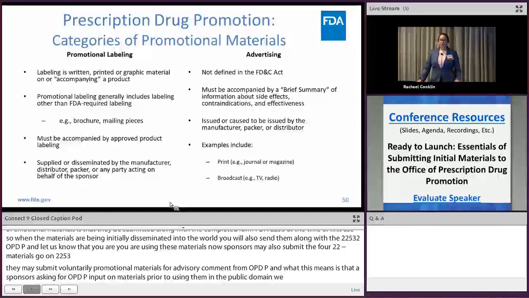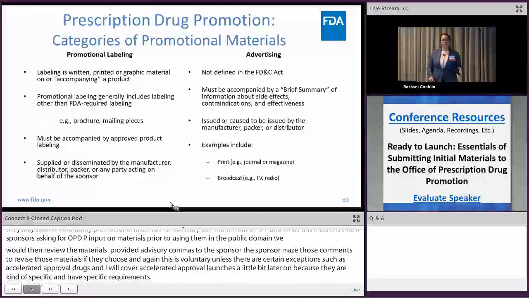So promotional material falls into two categories: promotional labeling and advertising. And I'm not going to go into the specifics of what defines promotional labeling or what defines advertising. That information is available in the regulations that are available on FDA's website. It's really detailed and complicated and would be a presentation, I think, in and of itself.